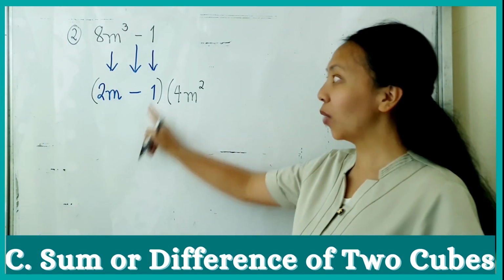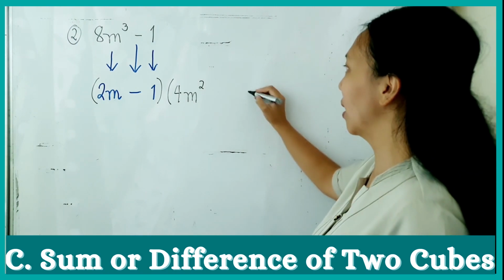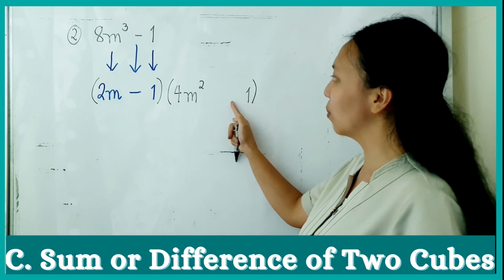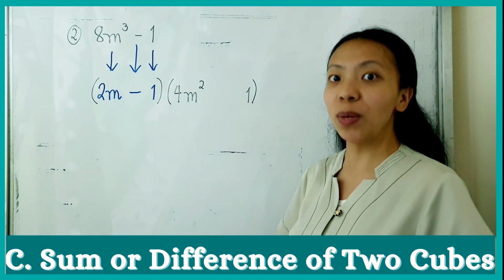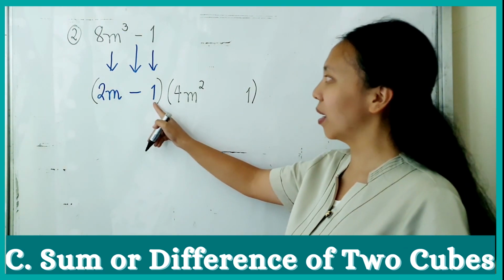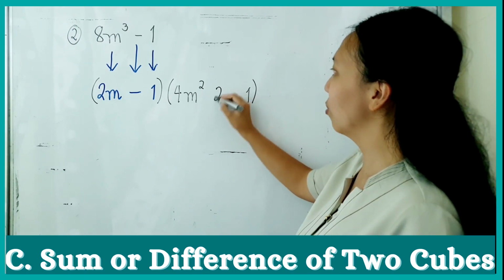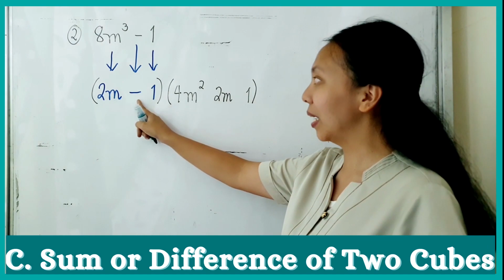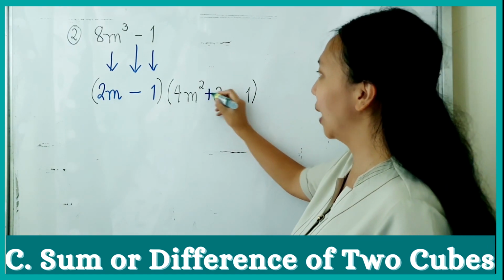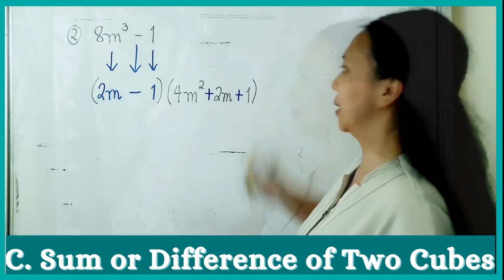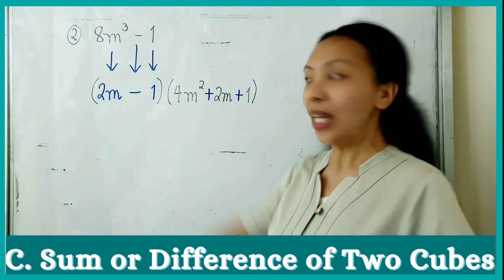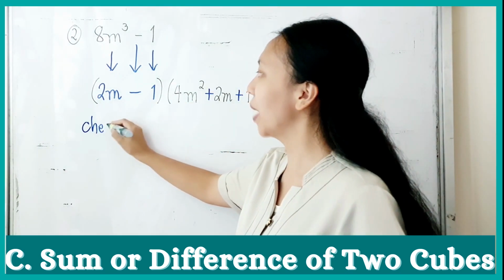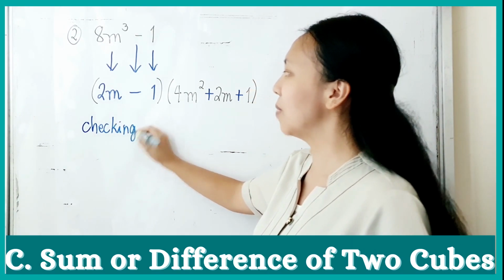Then we square 1. Its square is 1. And for the middle term of our trinomial factor, we multiply 2m and 1. The product is 2m. Remember the pattern of the signs? Minus, plus, and plus. Let's find out if the factors that we have obtained are correct by doing the DPMA.